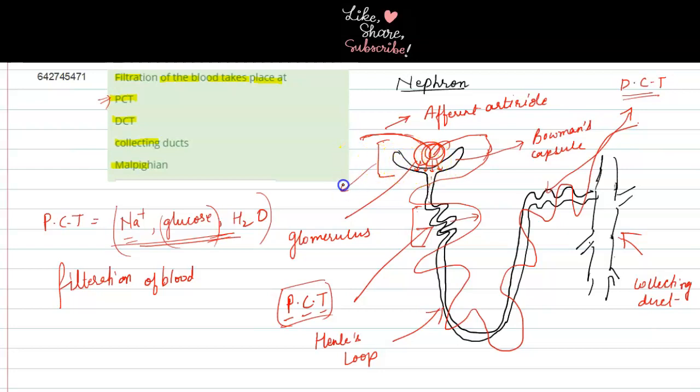This entire area is known as the Malpighian tubule. The Malpighian tubule consists of what? The glomerulus plus the Bowman's capsule. So these two structures together are known as Malpighian tubule, where the actual filtration of blood is taking place.